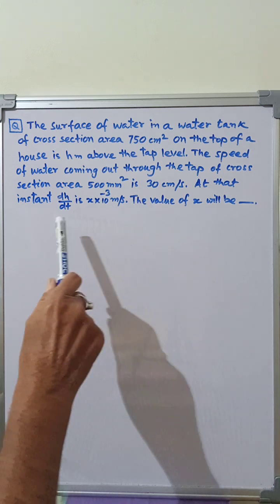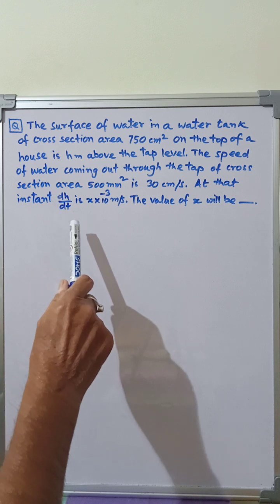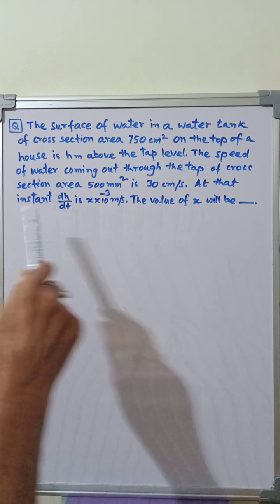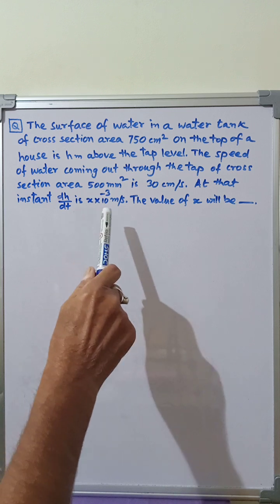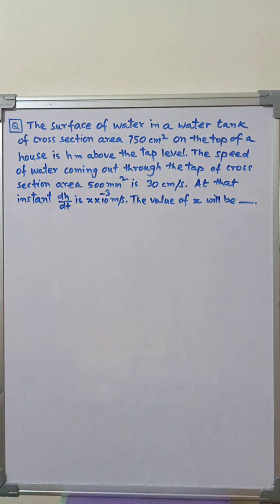At that instant, dH by dt is x into 10 to the power minus 3 meters per second. The value of x will be dash. We are required to fill in this blank with an integer.